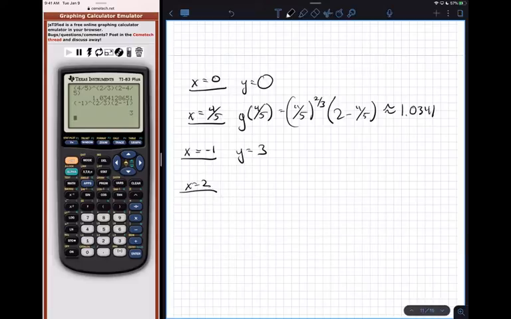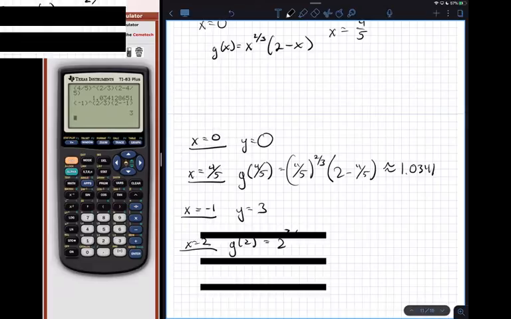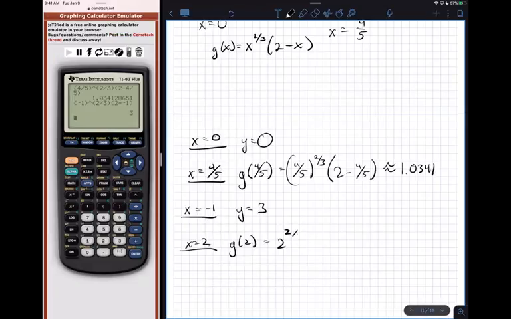When x is 2, then g of 2, we're going to have 2 to the 2/3 times 2 minus 2, which is 0. Okay, so the largest y value we got was 3. The smallest y value was 0.